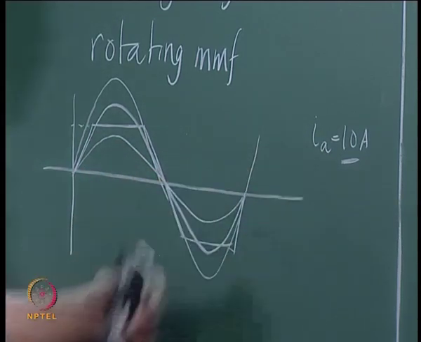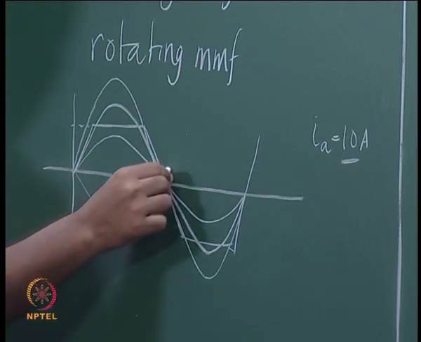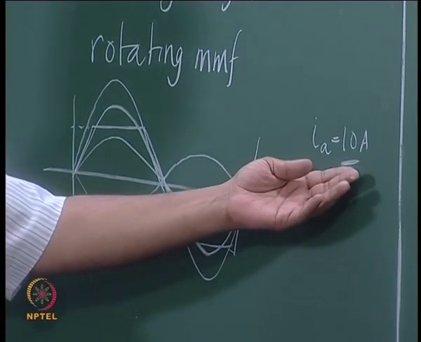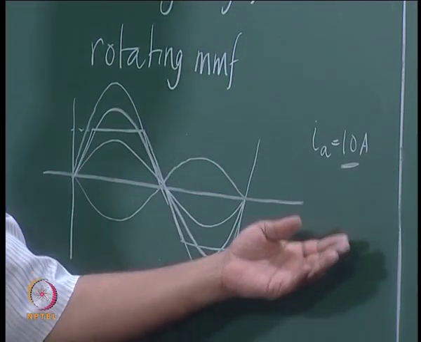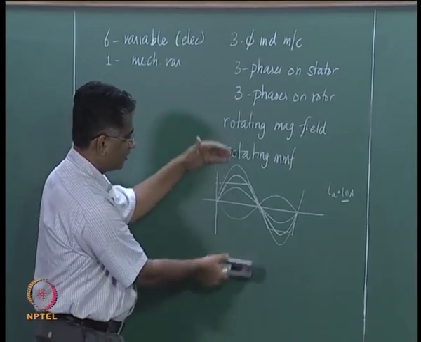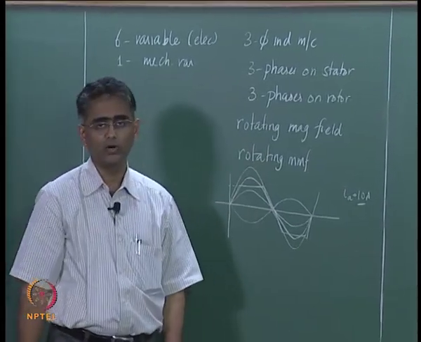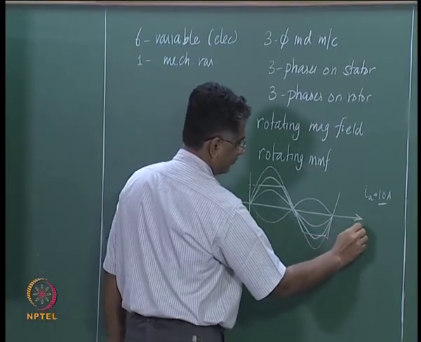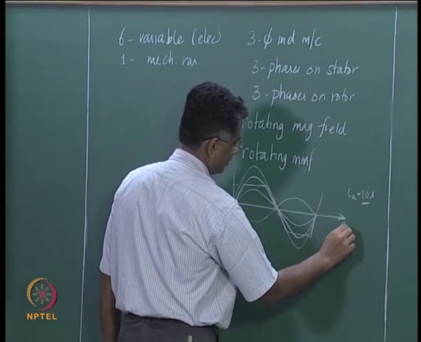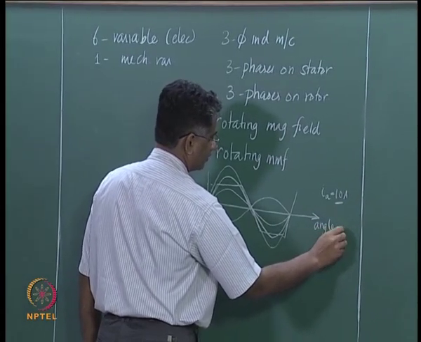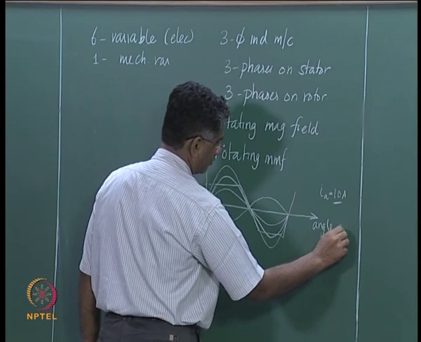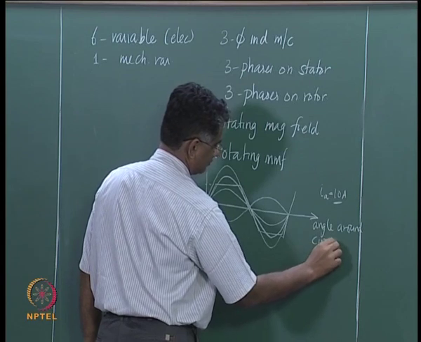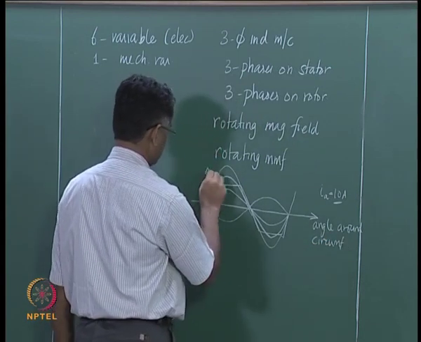If this current reverses, then this MMF would reverse, and therefore if this current changes in a sinusoidal manner, you would have an oscillating MMF waveform around the circumference of the air gap. This x axis refers to the angle around the circumference, and this may be the MMF.